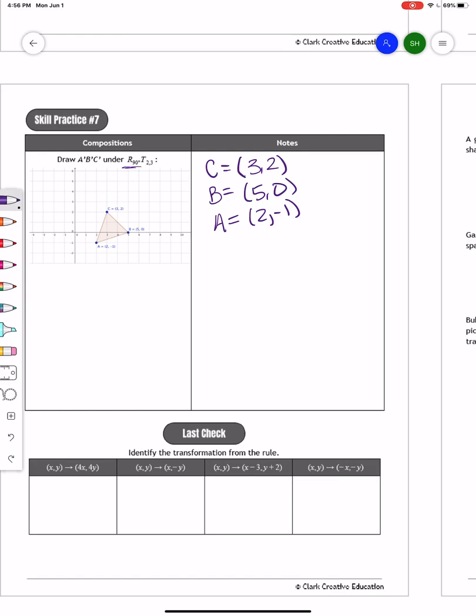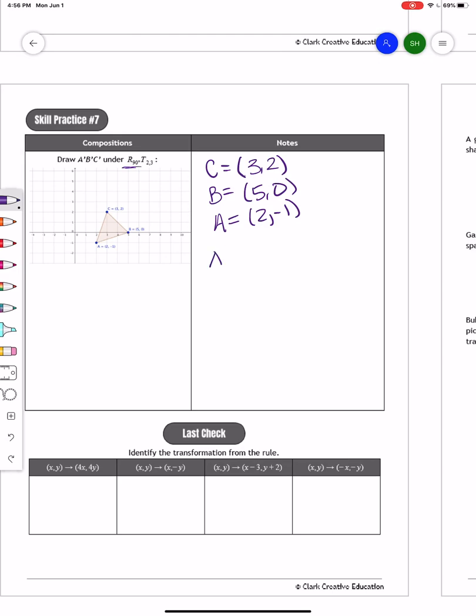When it does not tell you which way you are rotating, always go clockwise, okay? But it should usually tell you. So we're going to rotate 90 degrees clockwise, which means our x and y are changing positions and our x is becoming negative.